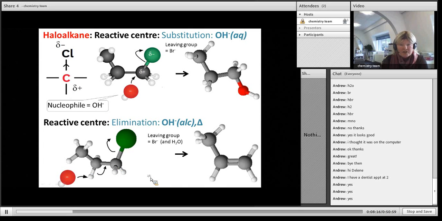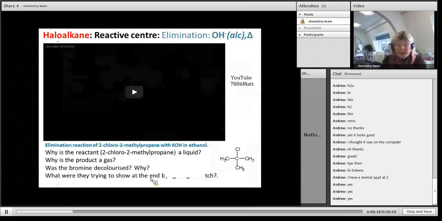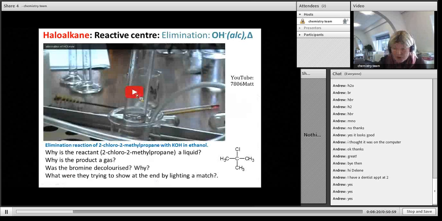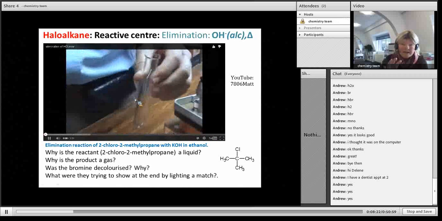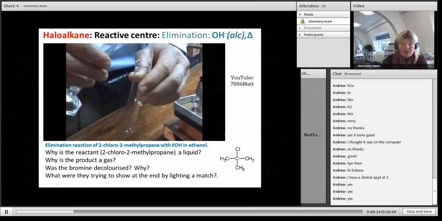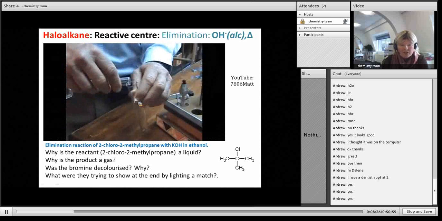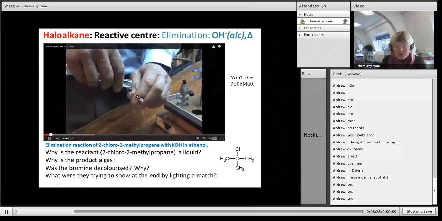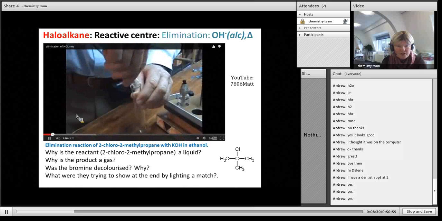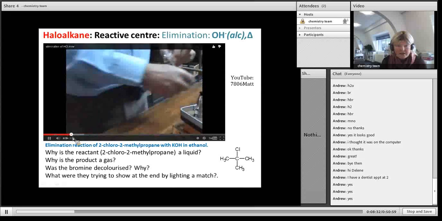Okay, and again I said they're the reaction conditions. Now with this one, I just want to get going very quickly. Here he's making up a solution of the KOH and the ethanol, and I'm going to just move it on. He's going to then set it up.